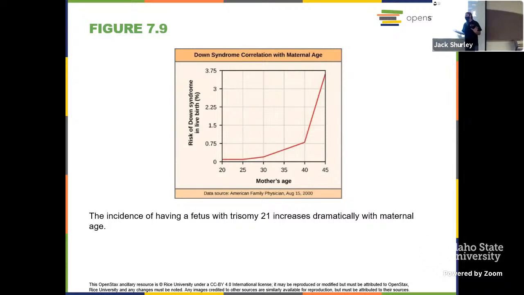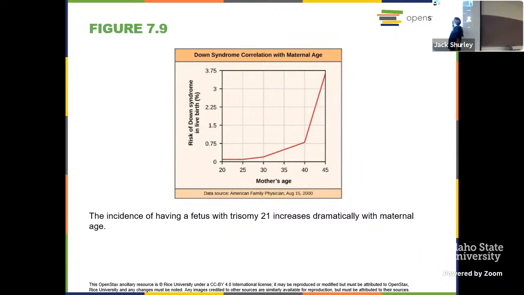And that's not really 100%, all right? There are definitely some greater chances with that, but the man can have non-disjunction issues as well, and those sperm cells can be likely to contribute it too.